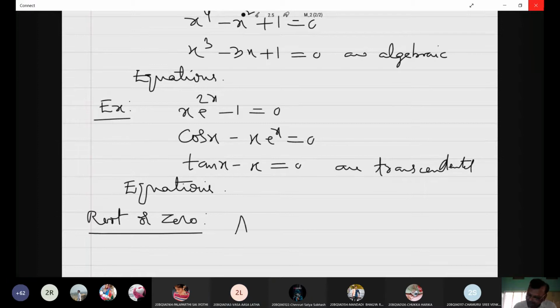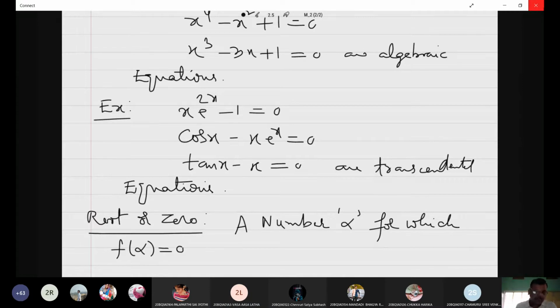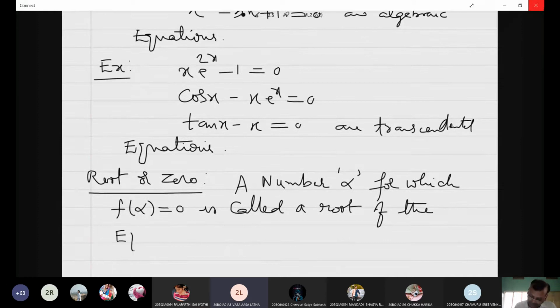A number alpha for which f of alpha is equal to 0 is called the root of the equation f of x is equal to 0, or zero of f of x.